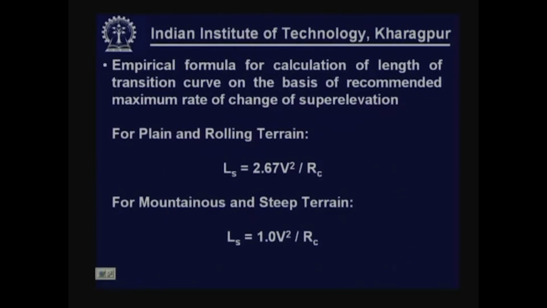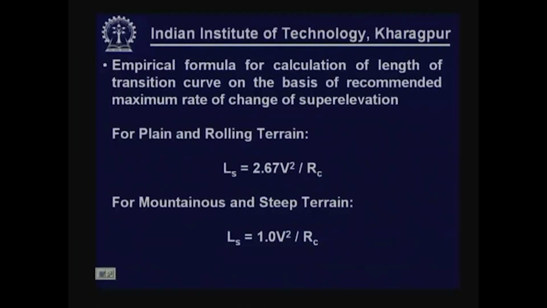Two formulas are given, one for plain and rolling terrain, another for mountainous and steep terrain. For plain and rolling terrain, the equation is Ls equal to 2.67 V square by Rc. For mountainous and steep terrain, it is 1.0 V square by Rc.